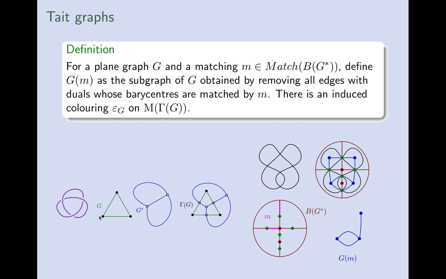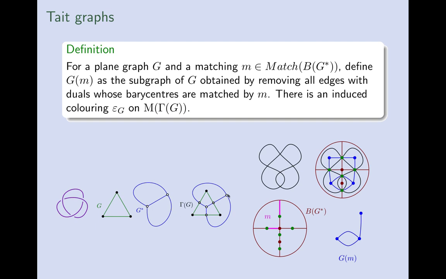And this will give us a graph which is called the black graph, whose vertices are all the black regions and edges are given by crossings. But of course, inverting the role of the colors, we also get a white graph, which is this one here, whose vertices are white faces and edges again are crossings.